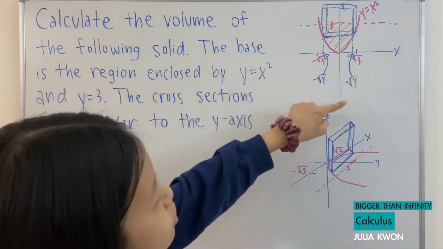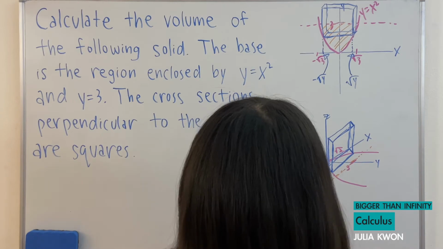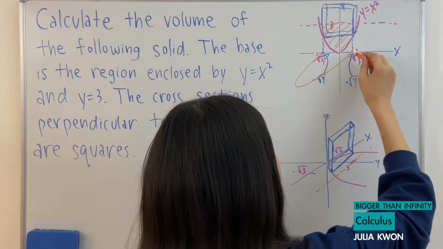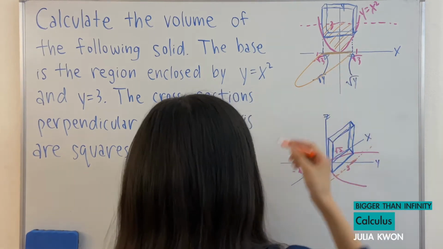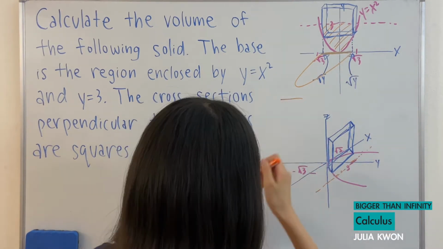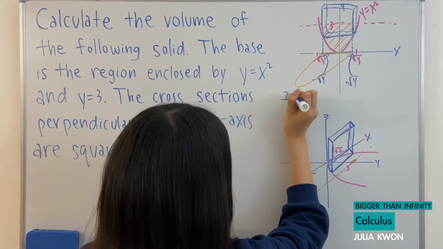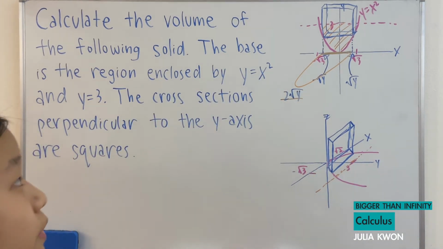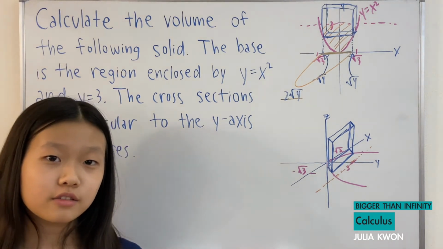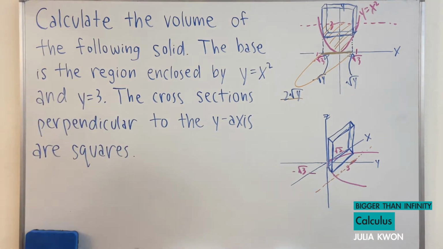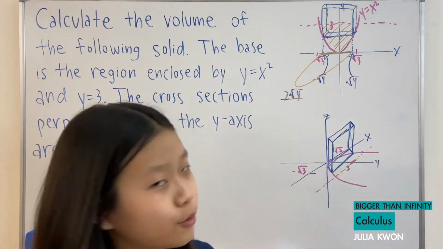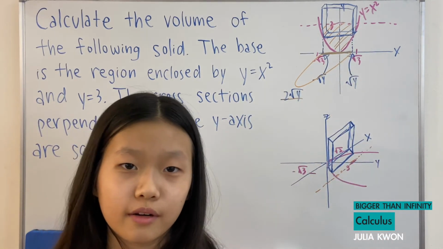Using these two, we can figure out that this whole length is equal to 2 times the square root of y. So we've now figured out one of the sides of the square, and we can find the area of the square.